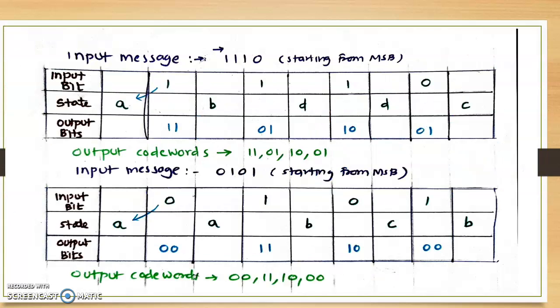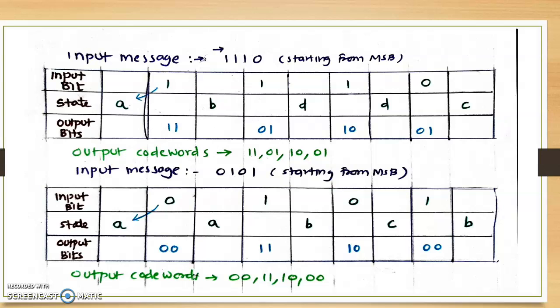Now for the given message, how to calculate the output bits. For this, we have a table in which we have the input bit, state and output bits. My first state will always be A. So if my input message is 1110, starting with MSB 1, if A has got a 1 input, it will go from A to B state with the corresponding output 1 1.